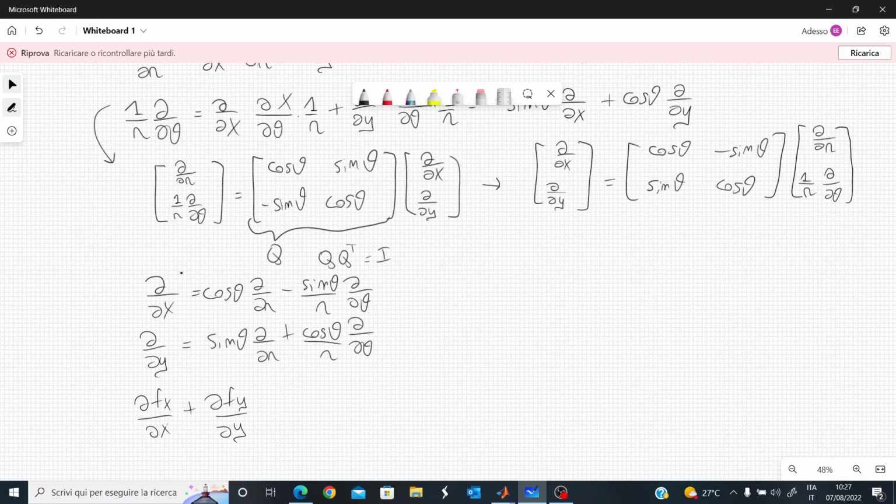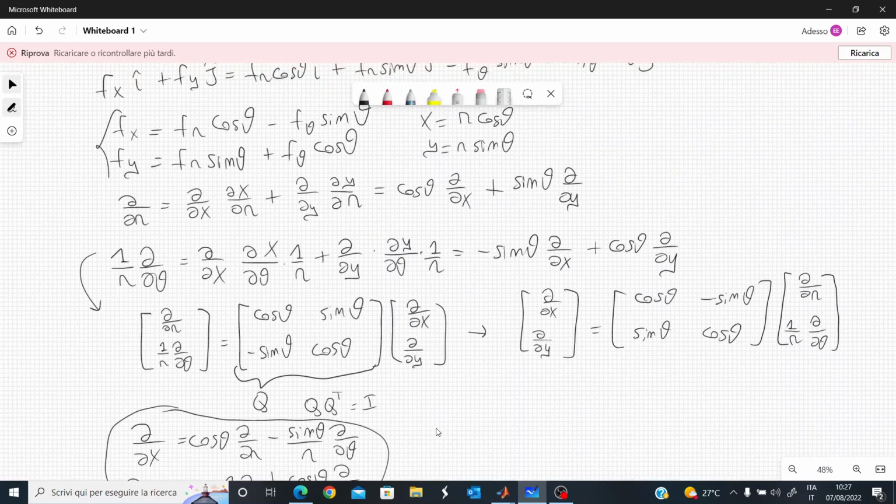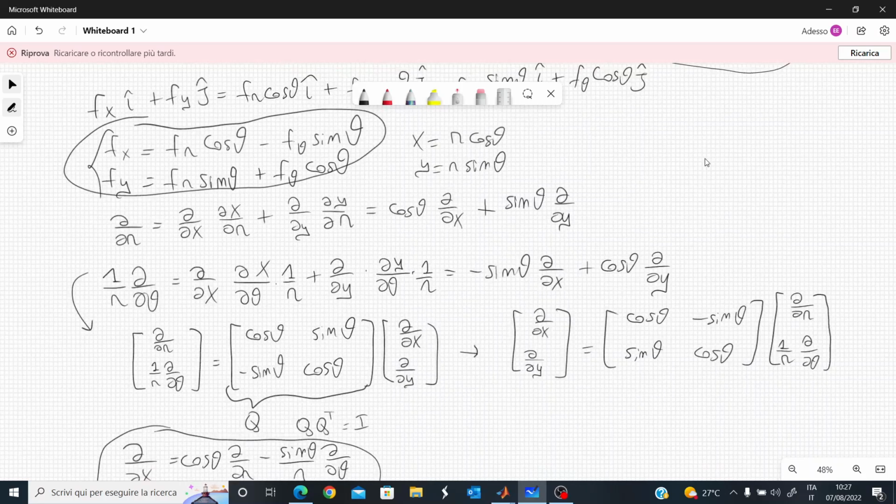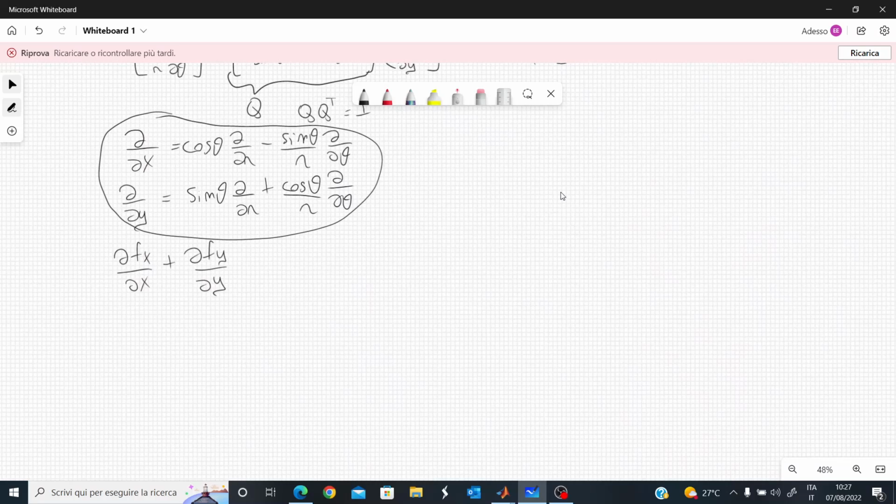Now we have an expression for the derivatives, and we also have an expression for these two functions, fx and fy. We just have to make a substitution and do some calculations. So here we have cosine theta d over dr, this first part, applied to fx, and fx is simply equal to fr cosine theta minus f theta sine theta.